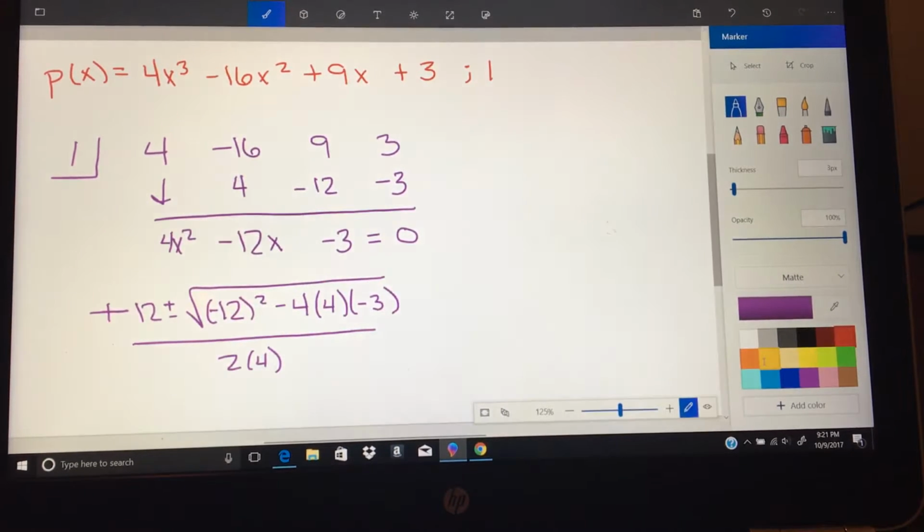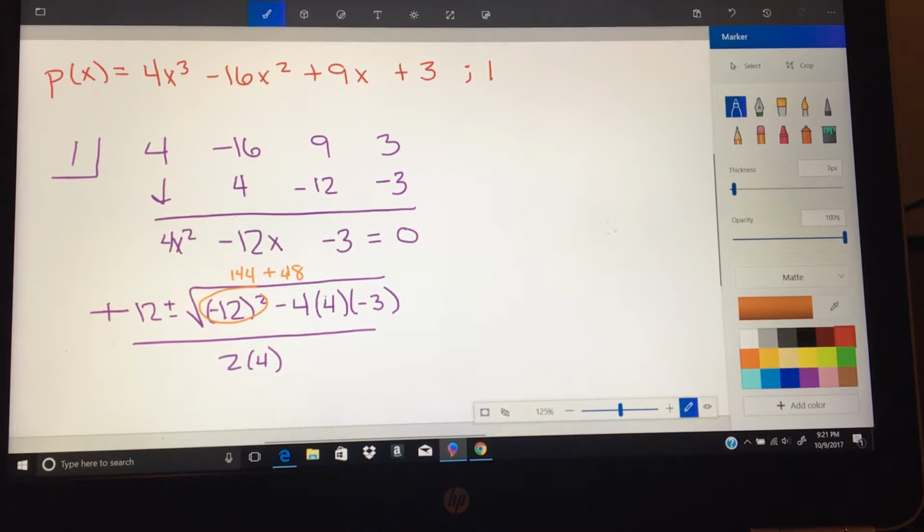All right, so we have, let's see here, negative 12 squared, that's 144. And then we have negative 4 times 4, that's negative 16, times negative 3, that should give me a positive 48. So I'm going to add a 48 there.